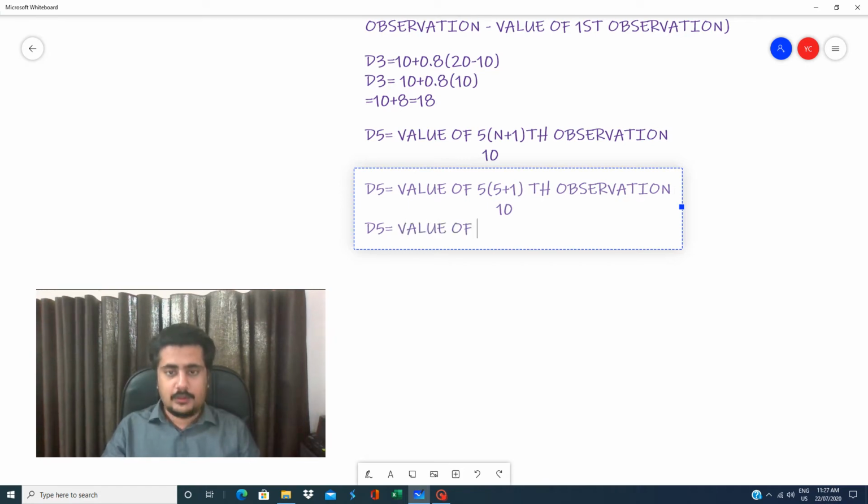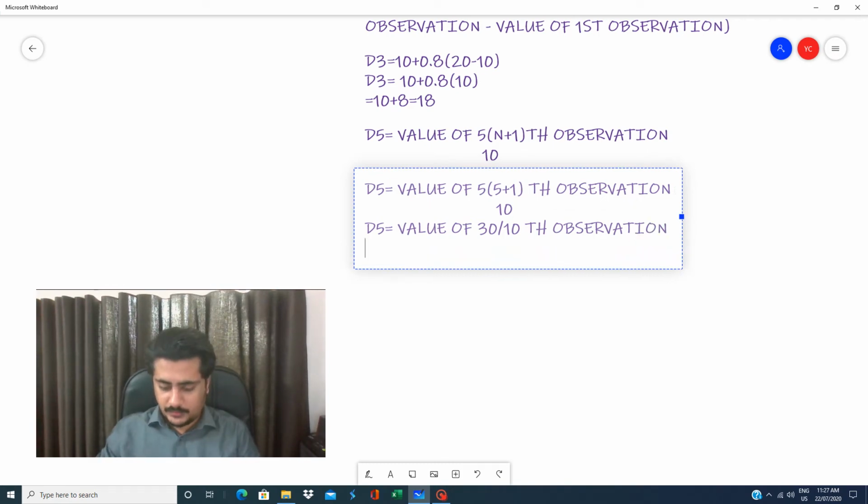Now D5 is equal to value of 5 into 6, that is 30, 30 upon 10 observation. Okay, so D5 is equal to value of 30 upon 10, that is third observation.